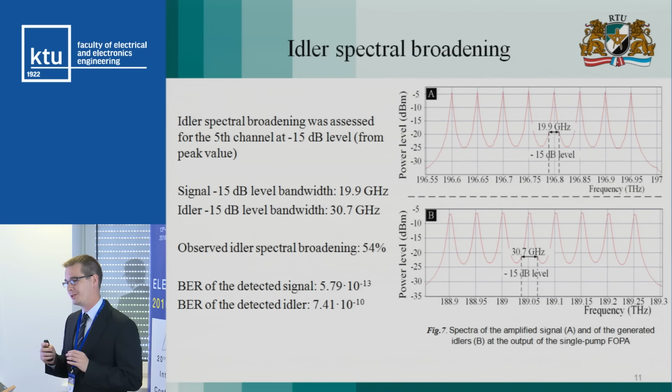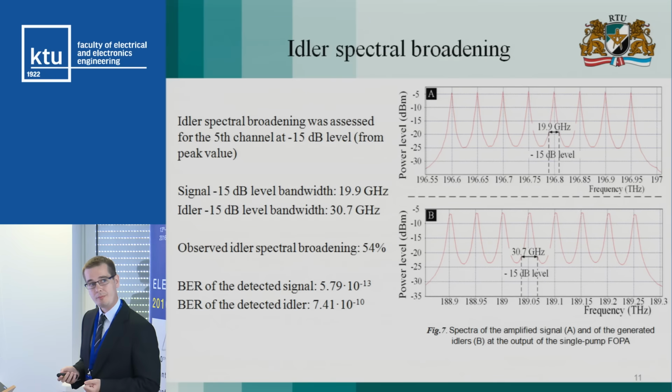At first we wanted to measure it at minus 20, but it was not possible because the idlers actually merged and did not have a minus 20 decibel level from peak value. So 54% spectral broadening was observed, which resulted in at least an increase of beta ratio values by at least 3 orders for the idlers in respect to the signal at its initial frequency.